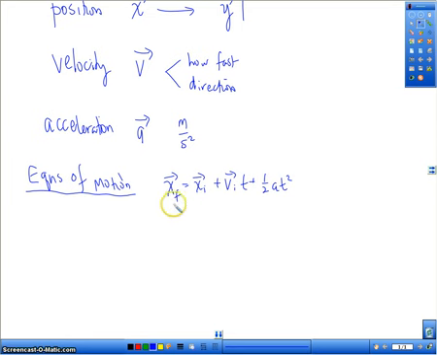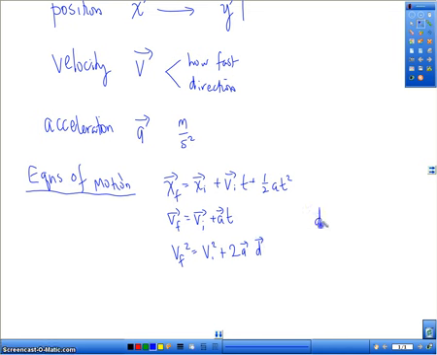Another one is v final equals v initial plus acceleration times time. Hopefully these are coming back to you. And then the last one was a nice one because it didn't have time in it: v final squared is v initial squared plus 2 times acceleration times displacement.